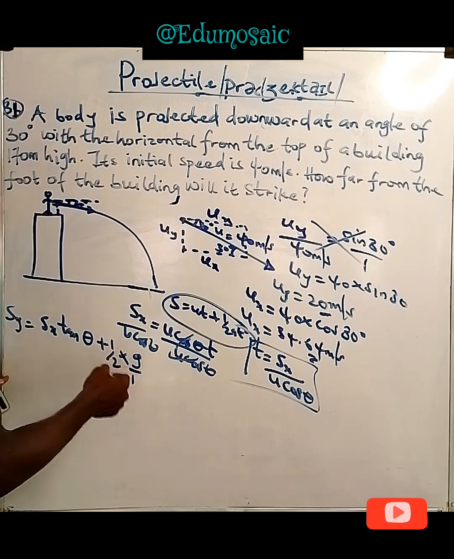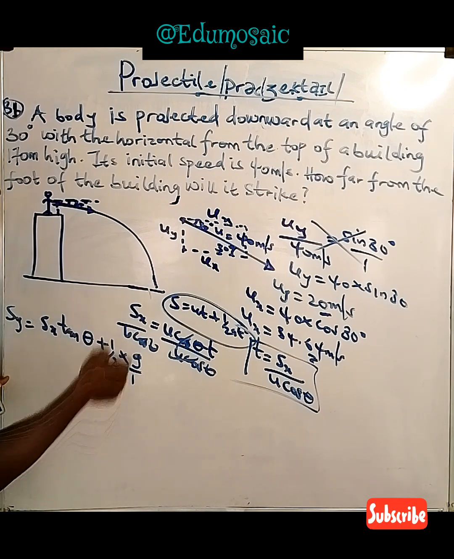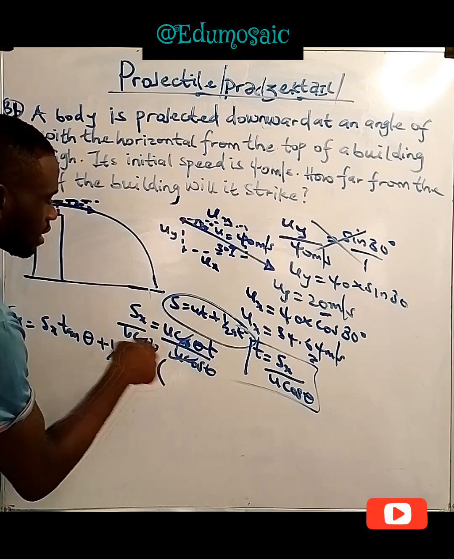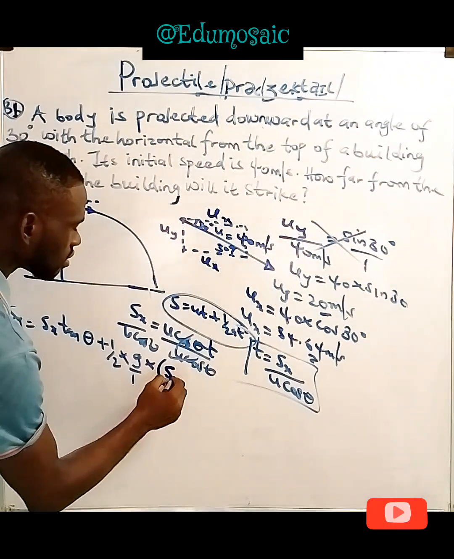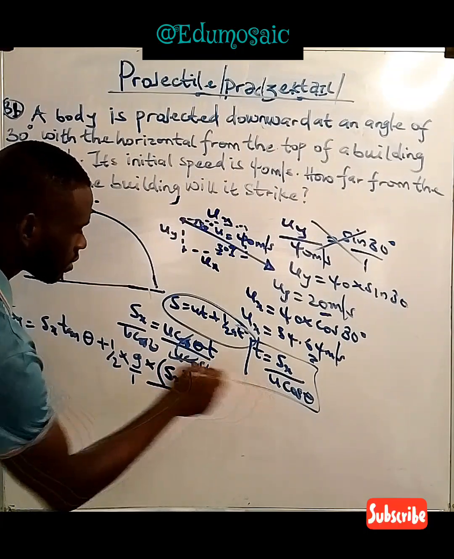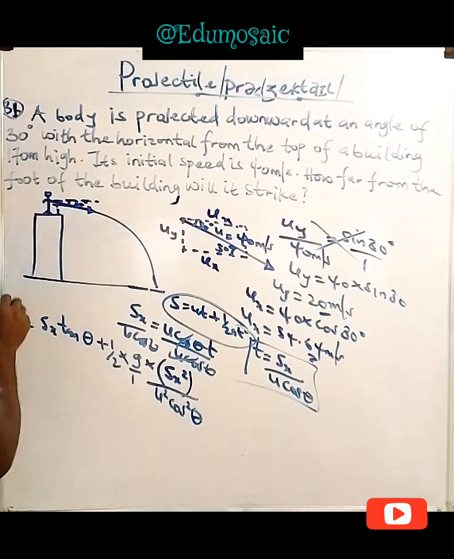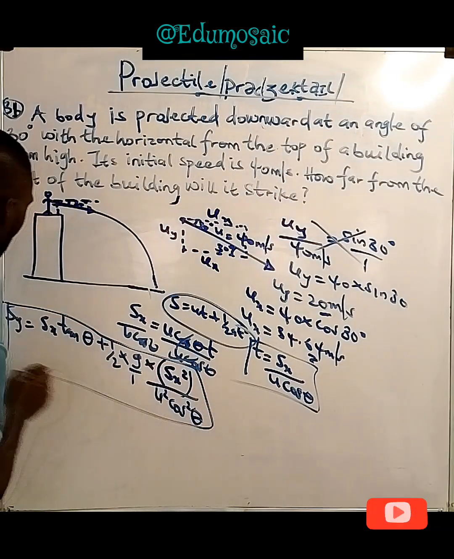Gravity could be positive or negative, depending on whether the body is projected down or upward. Then times t squared, where the time is x over u cos theta, so t squared is x squared over u squared cos squared theta. This is the formula we're going to be using.